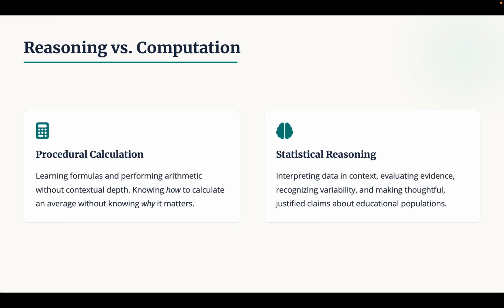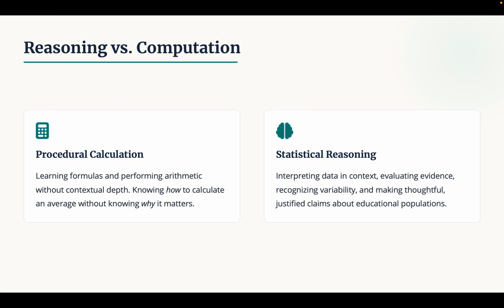One idea that I want to emphasize this week is the difference between statistical reasoning and simply performing calculations. Statistical reasoning involves interpreting data in context, evaluating evidence, recognizing variability, and making thoughtful claims. In many educational settings, students learn formulas procedurally without fully understanding what statistical measures actually represent.